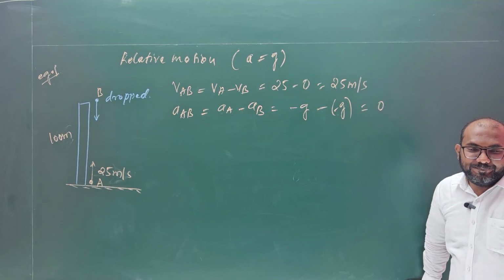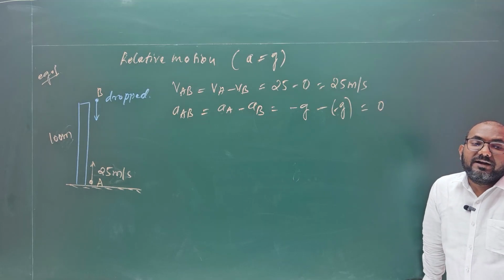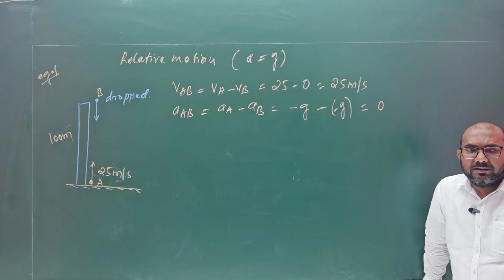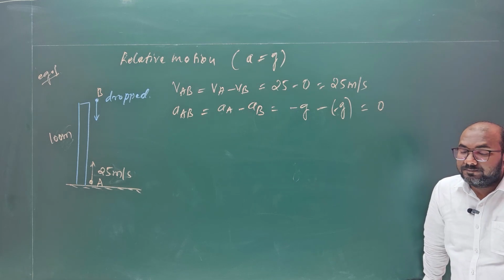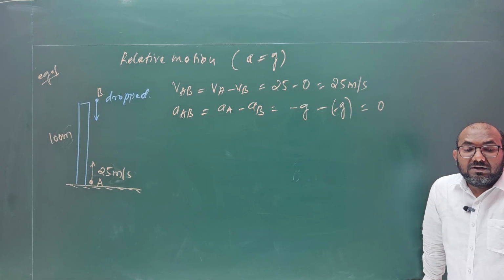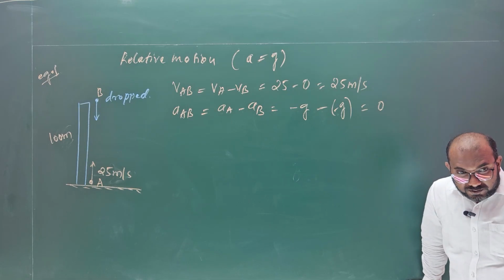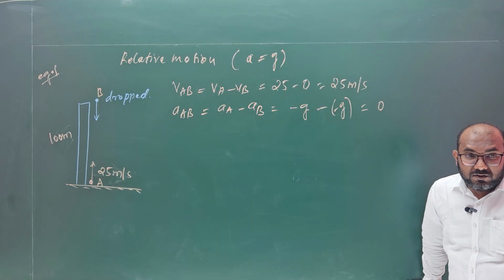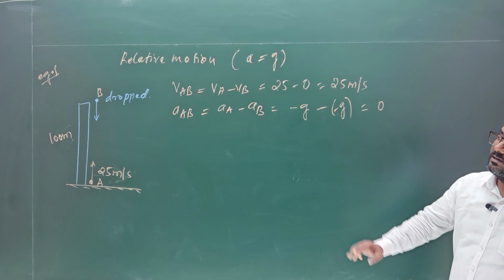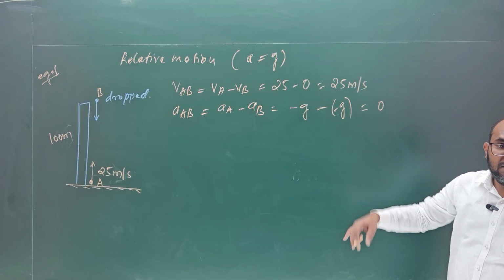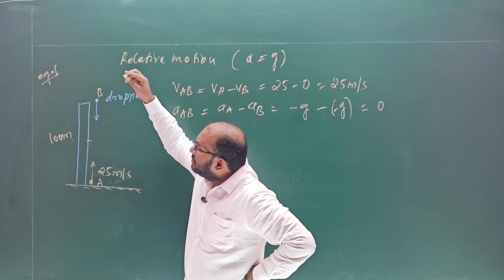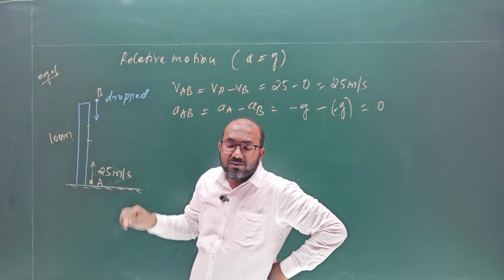Now listen to me. Whenever you are finding relative motion, especially the acceleration: relative acceleration is always 0 when we are considering motion under gravity. Either the body is thrown upward or thrown downward, from any position.